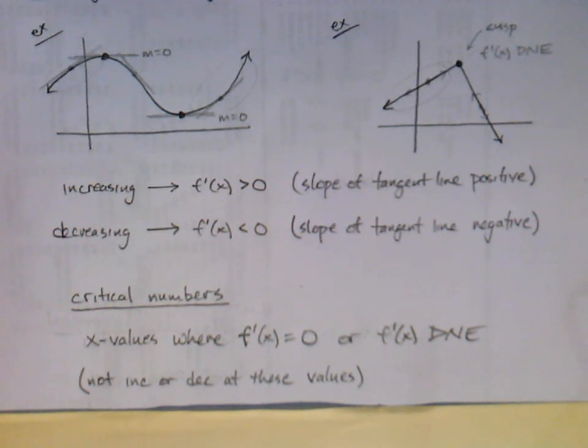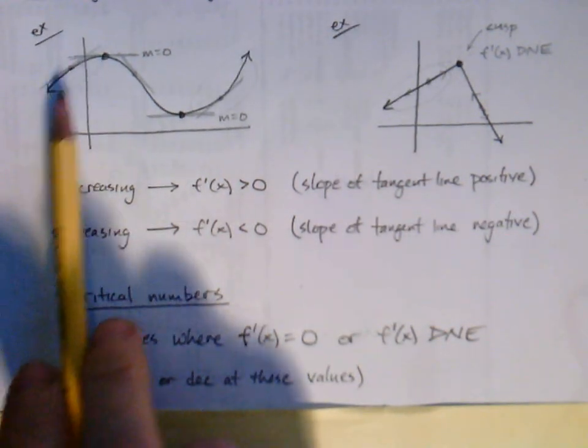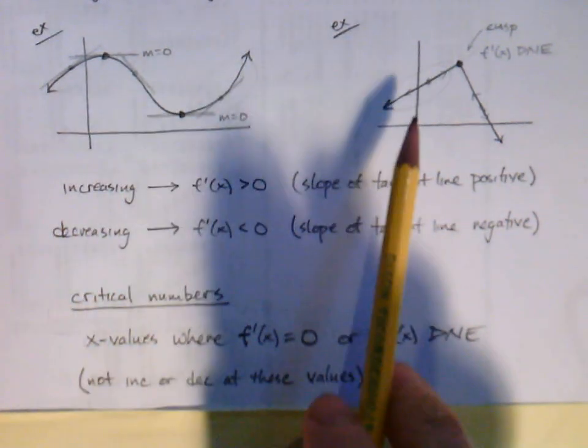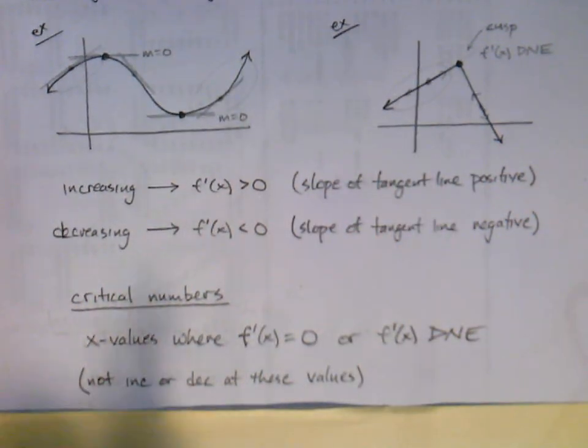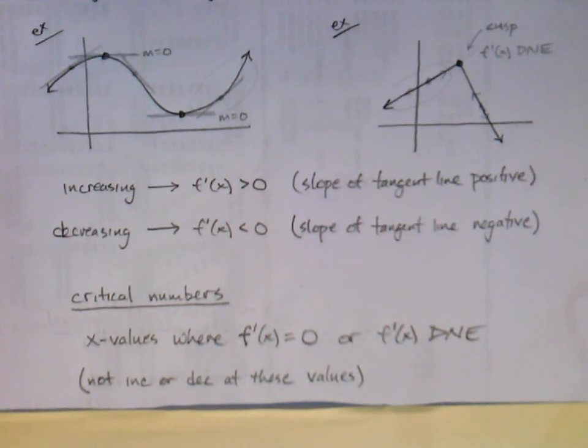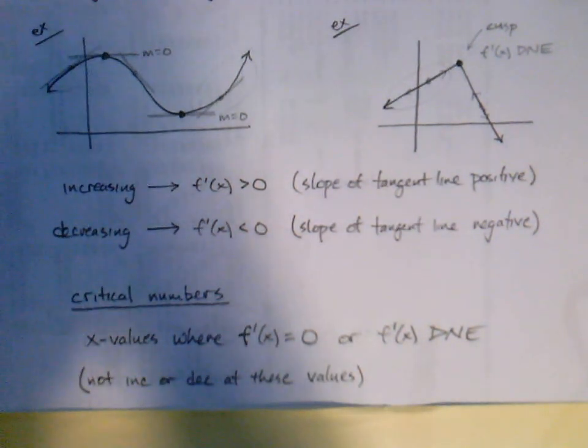Kind of like the idea of discontinuity happening there. And this is continuous, I guess, but it's not differentiable. Okay, so critical numbers are where these transitions occur, where I go from increasing to decreasing or vice versa. And there's two ways that can occur: if my derivative equals 0, or if my derivative does not exist, meaning I'm at this sharp corner.